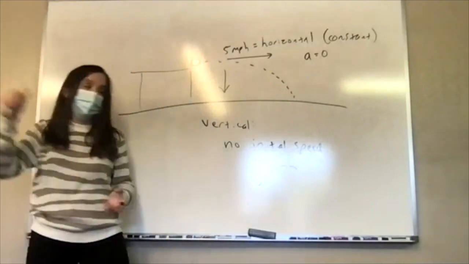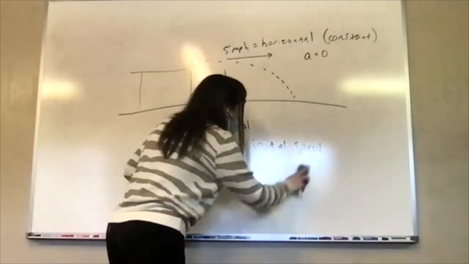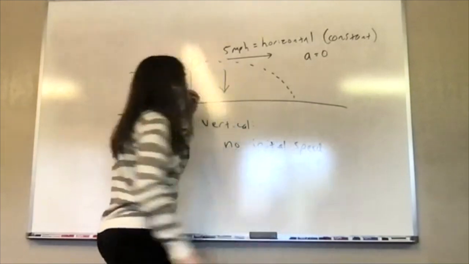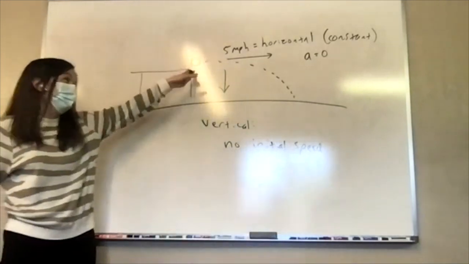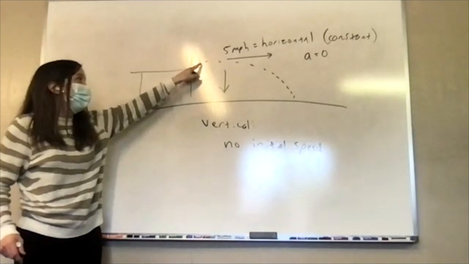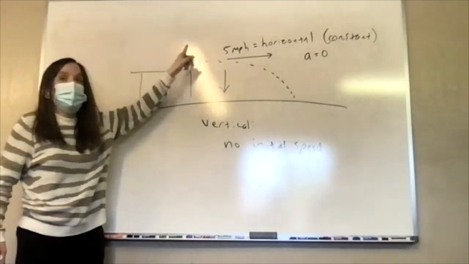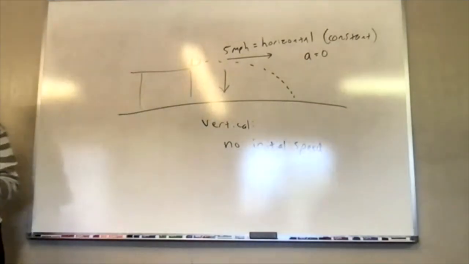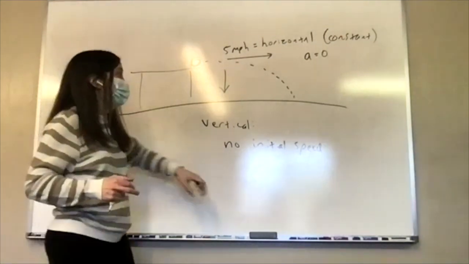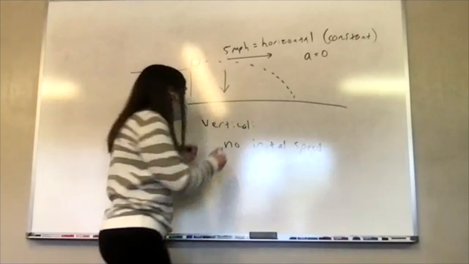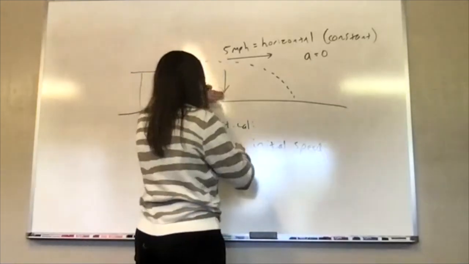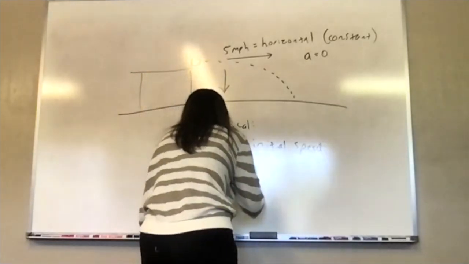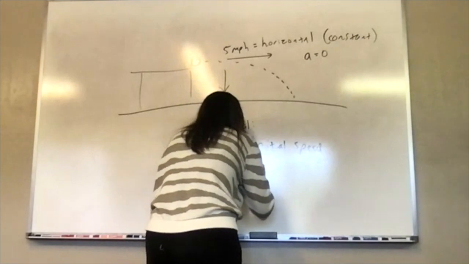It's going upward, you threw it upward. But if you're dropping something, like in this case, it rolls off the table, at the very beginning, it's not going upward or downward. So there's no vertical speed initially, but over time, it does accelerate downward. So no initial vertical speed, but it does accelerate.